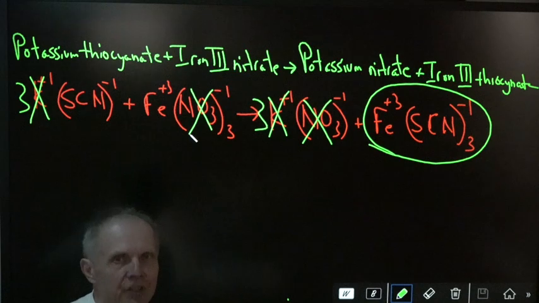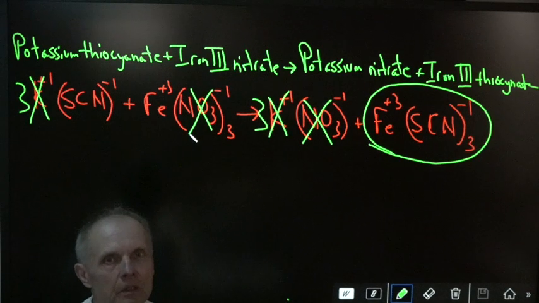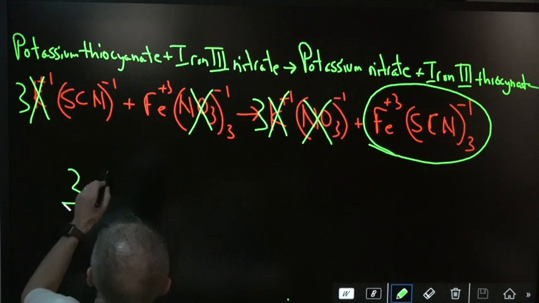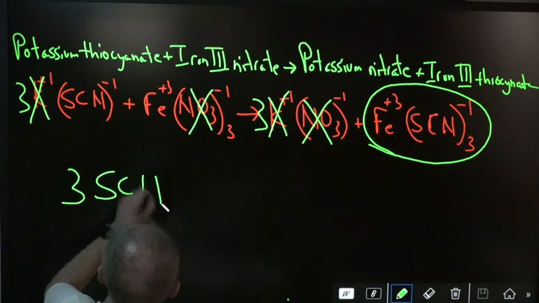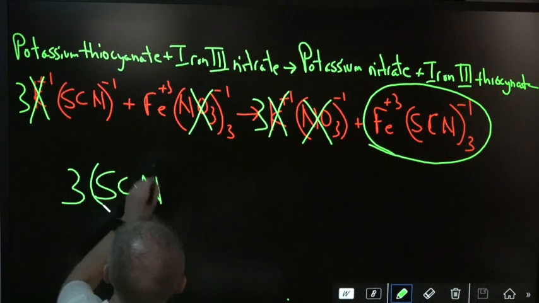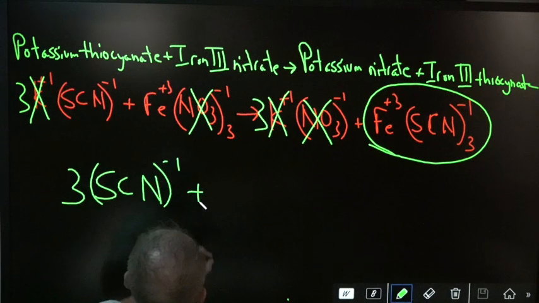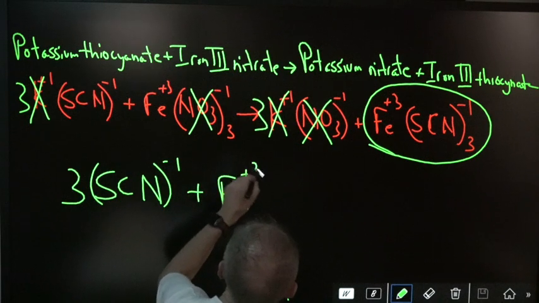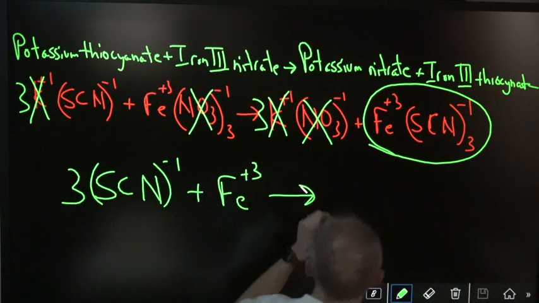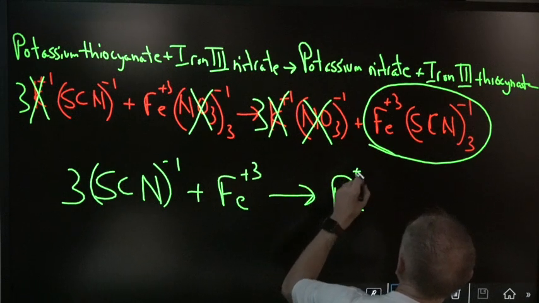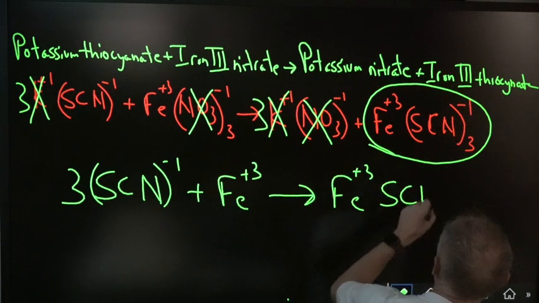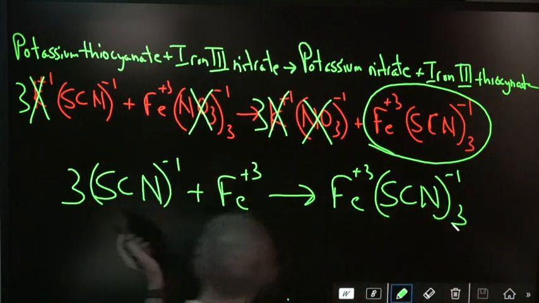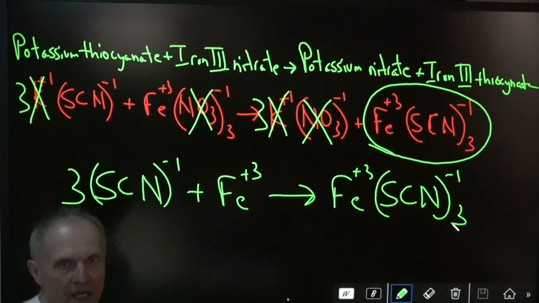So what actually worked in this double replacement? 3 SCN minus 1 plus Fe plus 3 yields Fe plus 3 SCN minus 1, 3. That is what actually reacted.